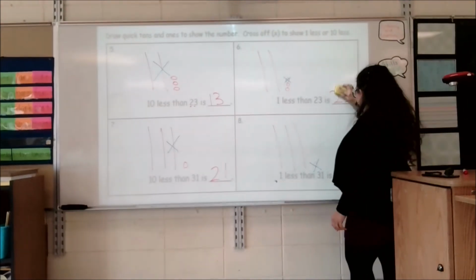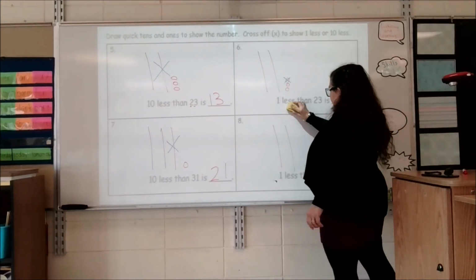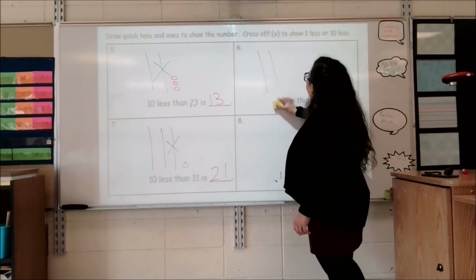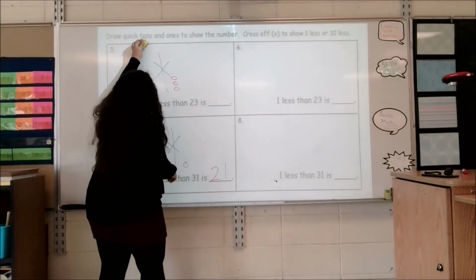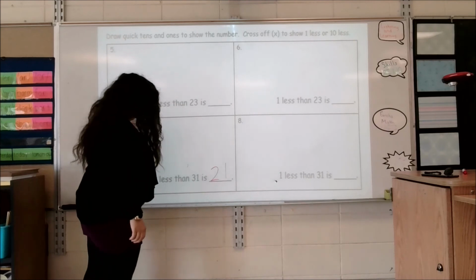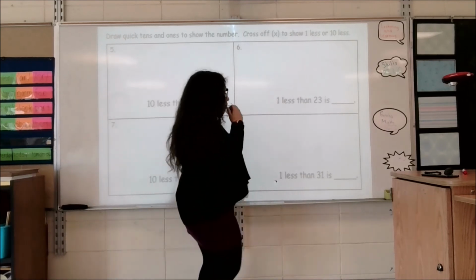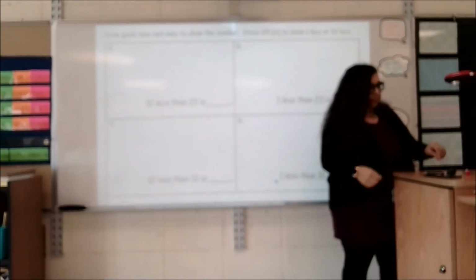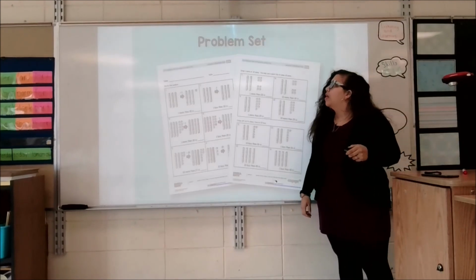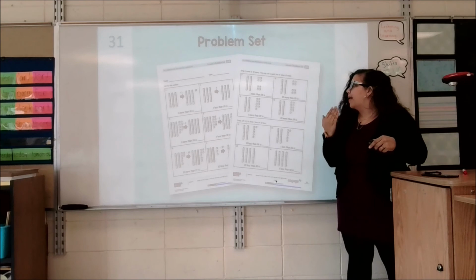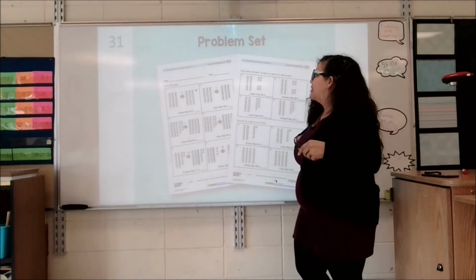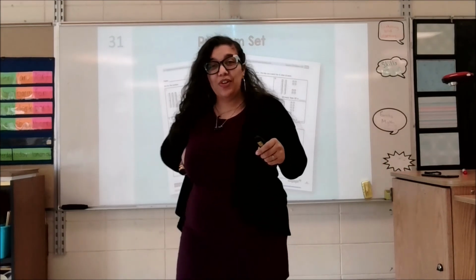I think we're all practiced up. I'm going to show you your assignment for the day. It is starting on page 31, 31 and 32, front and back. They've been so kind as to draw out the cubes for you.